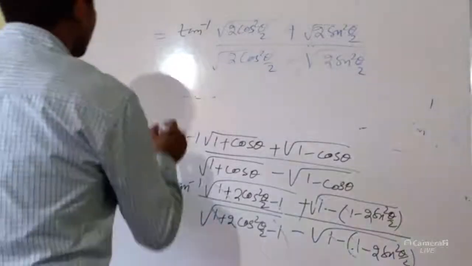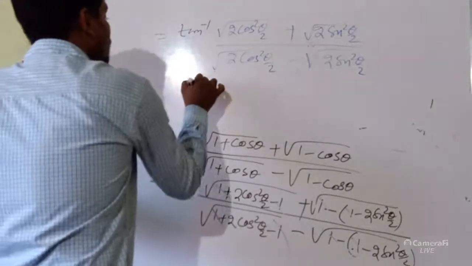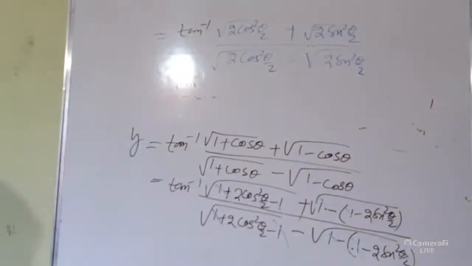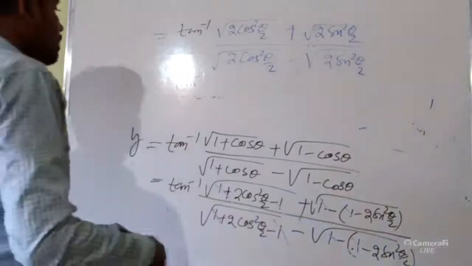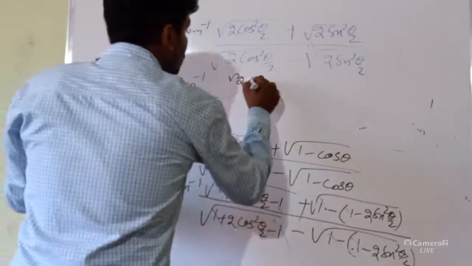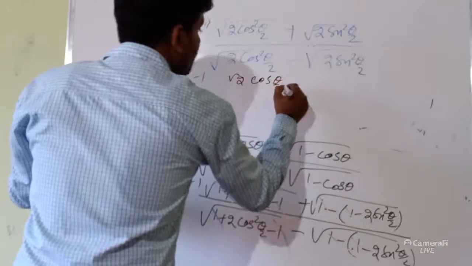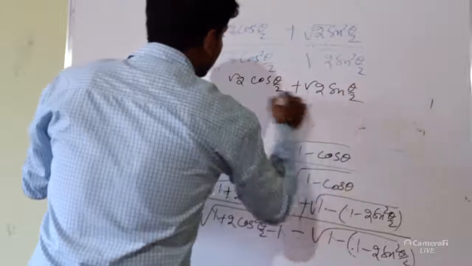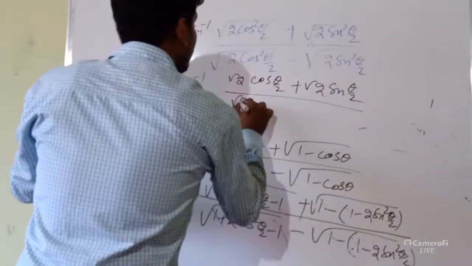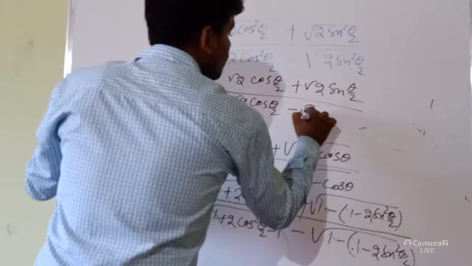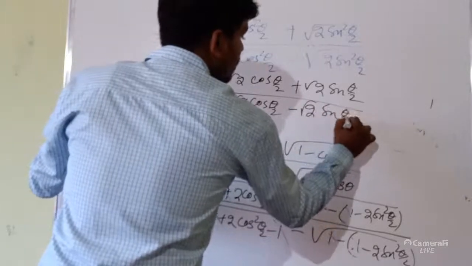Then tan inverse of root 2 cos theta by 2 plus root 2 sin theta by 2, and divided by root 2 cos theta by 2 minus root 2 sin theta by 2.